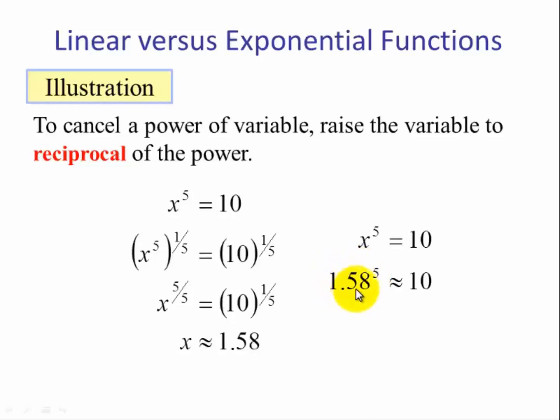Since this is rounded off, it's going to be close to 10, but not exactly equal to 10. If you take 1.58 and raise it to the fifth power, you get 9.85. So 9.85 is close to 10, so it checks. Let's do some more examples.